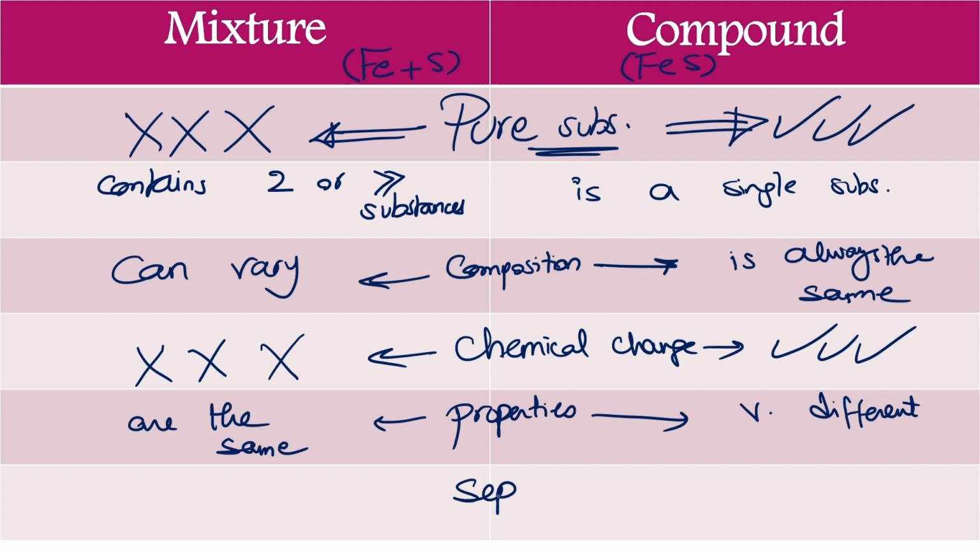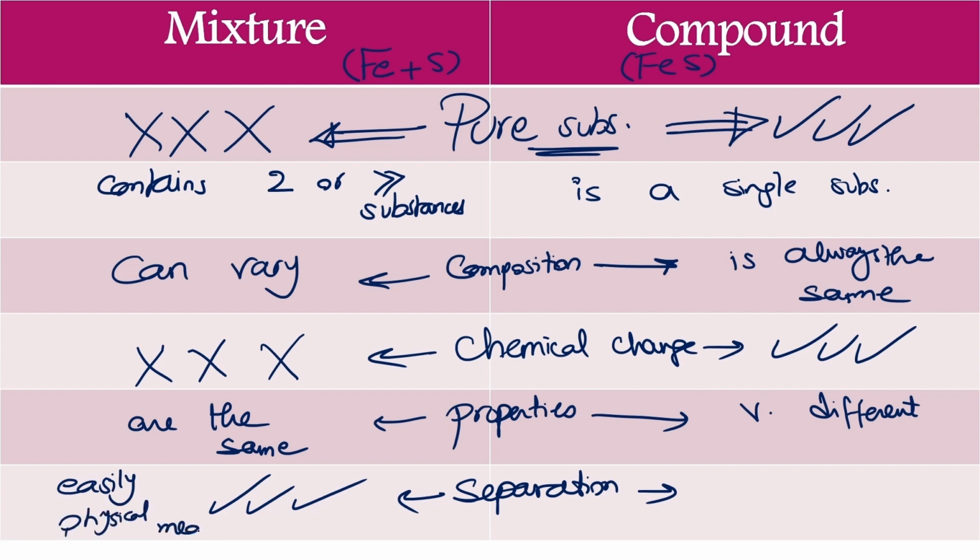What about the separation techniques? Can we separate the components in a mixture? Yes, the components in a mixture can be separated easily by just simple physical means. On the other hand, regarding the compounds, the components are only separated by chemical reactions.